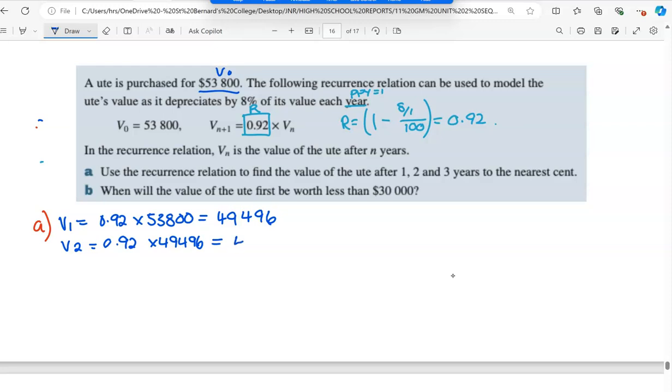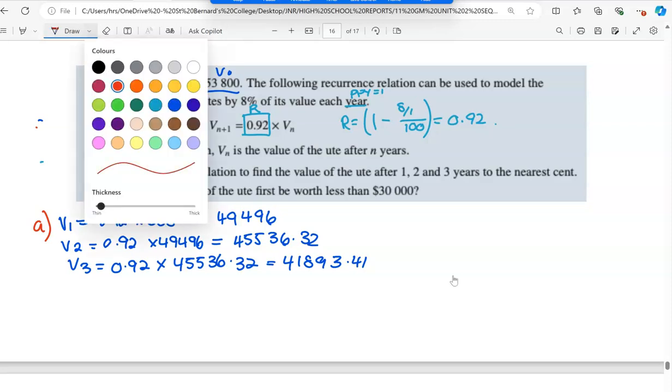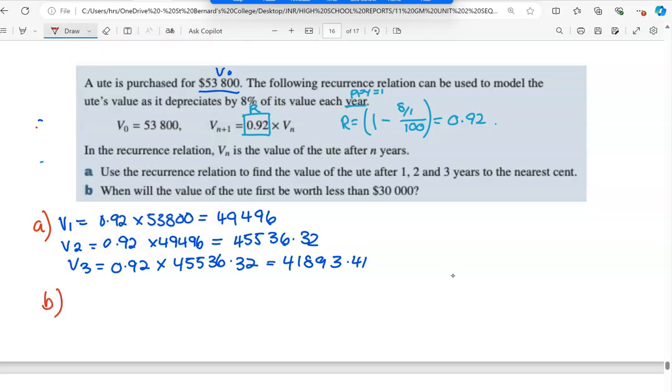You're just constantly getting the next one from the one before. And then V3, the last one. They don't make you do too many. Probably three or so is mainly the thing.